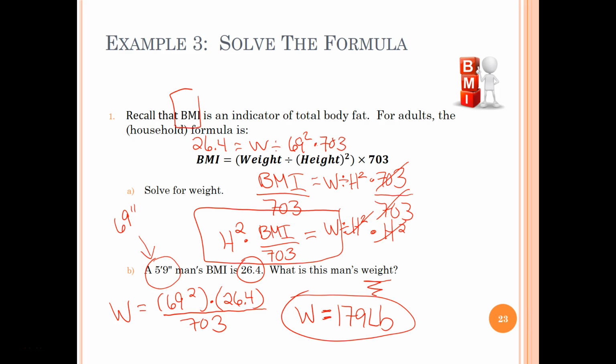We can plug that stuff in first and then rearrange our variables, or excuse me, our given values to solve for the variable we're looking for, which is weight. Either way, we're going to get there. But if we have to do this over and over again, it's really a good idea to solve for weight and have what's known as a working formula that we derive from our original formula.